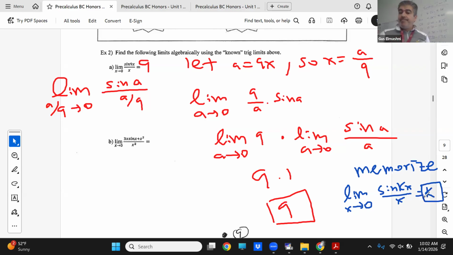It's just going to equal K. So we can assume that.